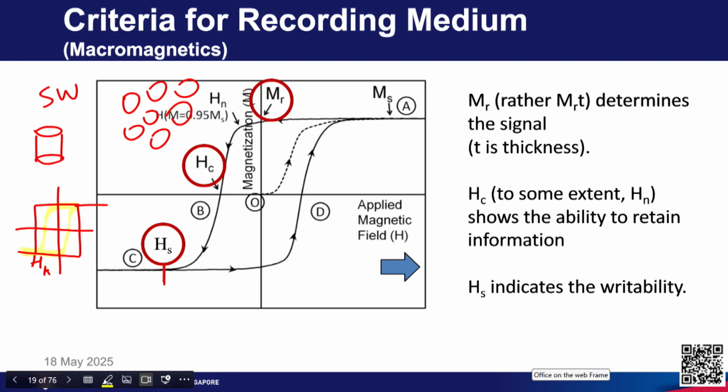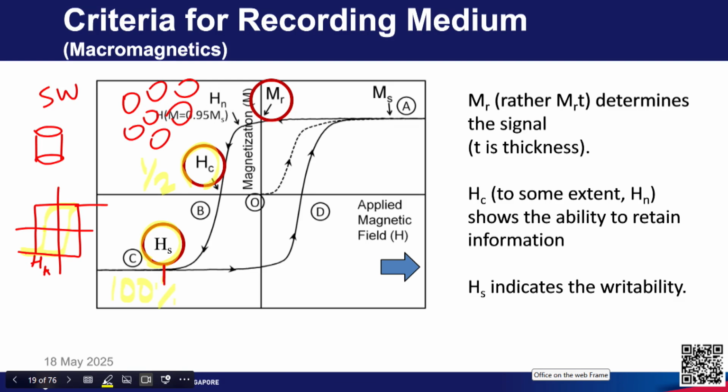So, in magnetic recording medium, we use this term Hs, which is the saturating field. We are very sure that at this particular field we can reverse the magnetization of all the grains. So, here you are reversing magnetization of half of the grains, whereas at Hs you are reversing almost all of the grains.